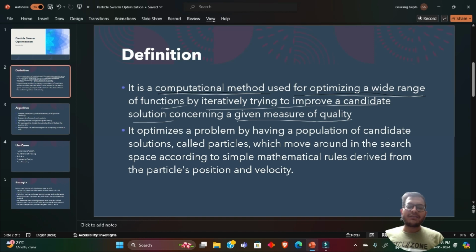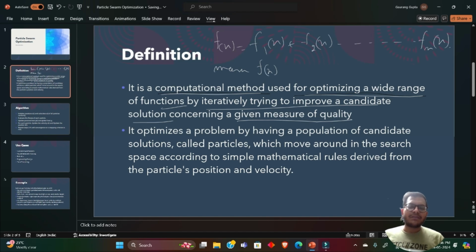For example, let's suppose you have a function f(x) which is a sum of many functions, f1(x) plus f2(x) till fn(x). Now, what will happen? Let's suppose someone gave you a problem: give me the maximum value of f(x).